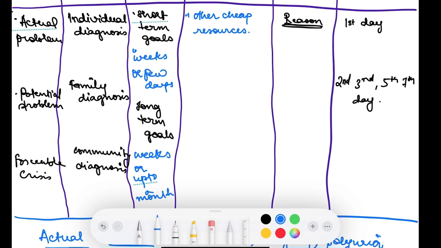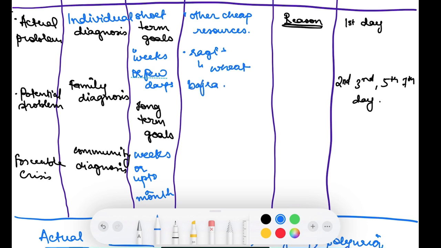Just like if low economic status, other cheap resources, or if there is no accessibility, we will connect them to other resources like a salesperson who can come to the village or the area, so they can provide proper food. Or if low economic status, just like ragi, we can replace it with wheat, or we can also take bajra.